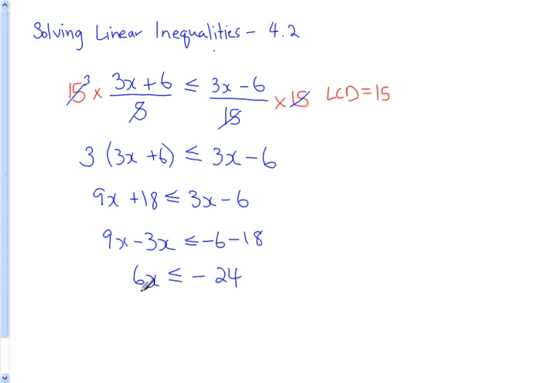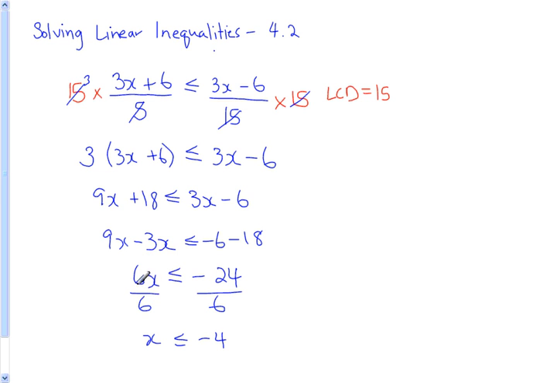I then divide both sides by 6, and then I get x is less than or equal to negative 4. Now, many people make the mistake of switching the sign here because they see a negative. If this was a negative 6, and we would divide by negative 6, then we need to switch the sign.